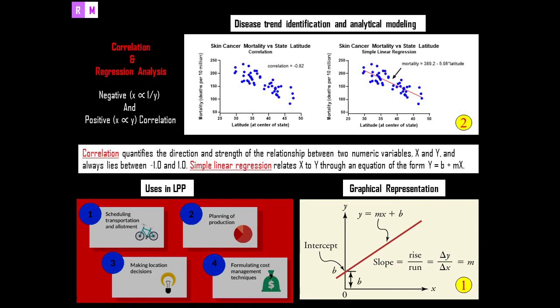Mathematically, in positive correlation, x and y are in simple proportion, and in negative correlation, x and y are inversely proportional to each other. I have given some information on the given page. Try to understand the given objectives of the LPP or linear programming problem model and the core values of graphical representation.